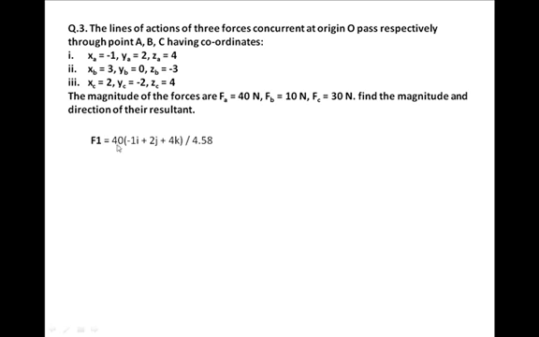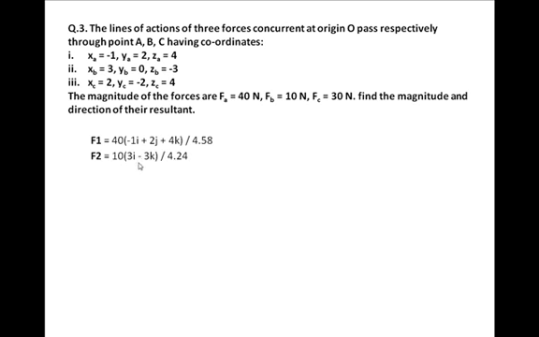So F1 will be magnitude into this: you write these coordinates, minus i, 2j, 4k, and here this 4.8 is nothing but the square root of 1 squared plus 2 squared plus 4 squared. So this is a complete expression of F1, whose magnitude is 40, or we could have called it Fa also. This complete expression in vector form is F1.